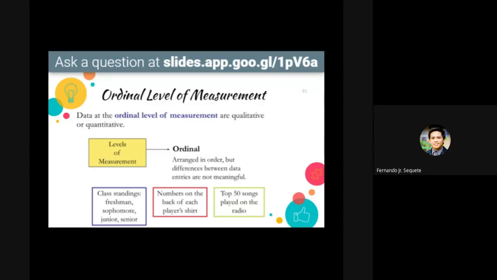Alam natin that ang freshman first year, sophomore second year, junior third year, senior fourth year. Okay? So order na siya, no? Naka-ordinal, but then again, they don't have any meaning. No, walang meaning si freshman at saka si senior. Depende na lang kung ang uyab first year ang babae, ang boyfriend senior. Kana na sila relationship. Pero sa mga inani, don't have any relationship technically.